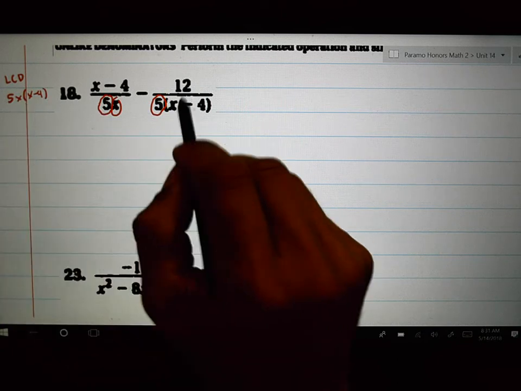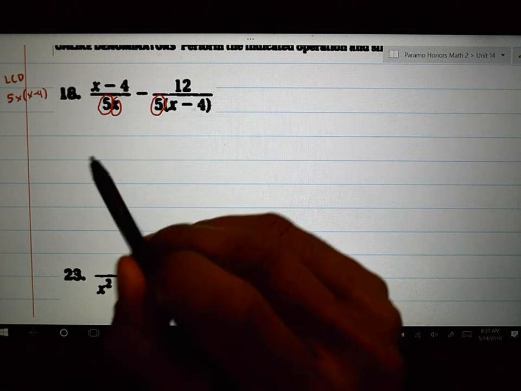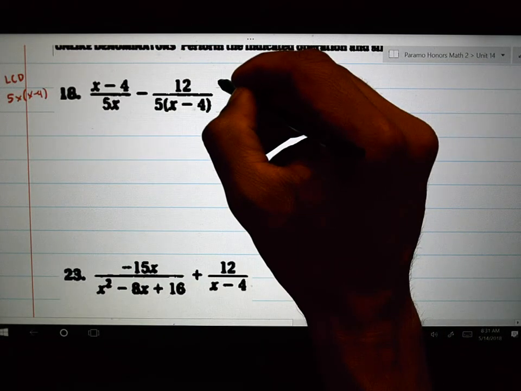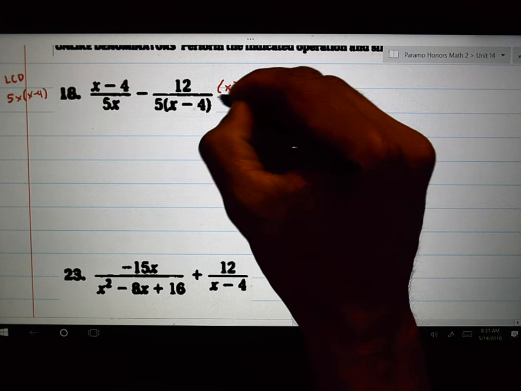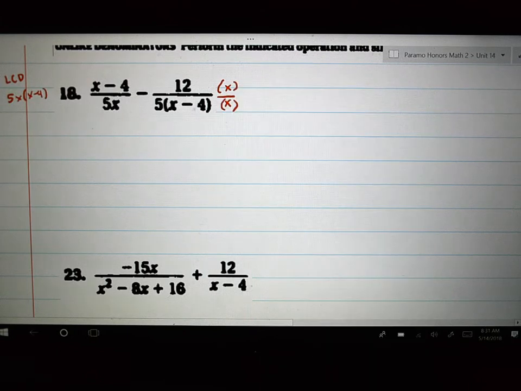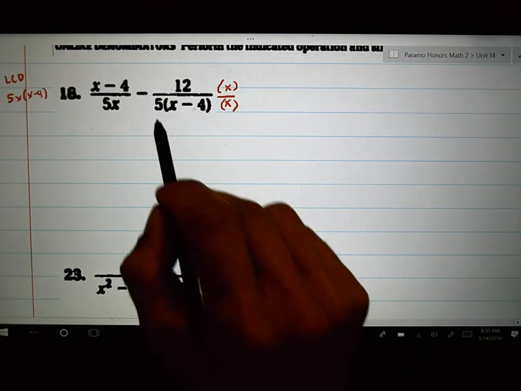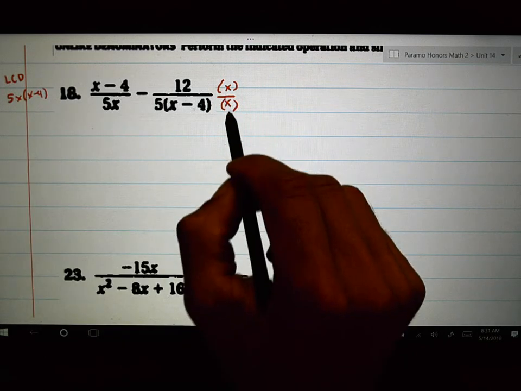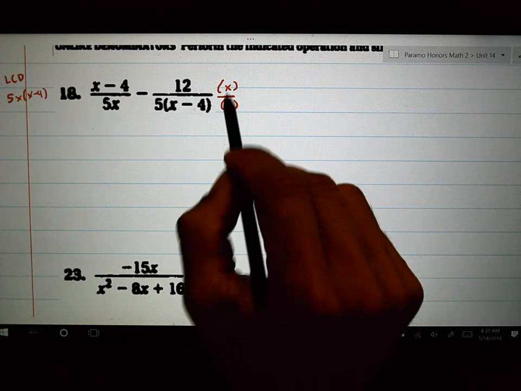So what that means for this problem is I'm going to need to multiply this fraction by the missing factors over themselves. This will make it 5x times x minus 4. Technically, I'm multiplying this fraction by 1.